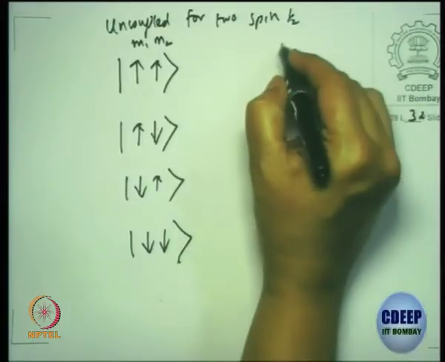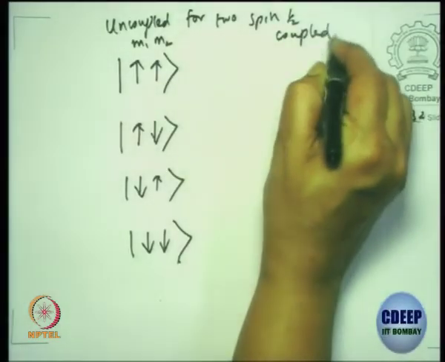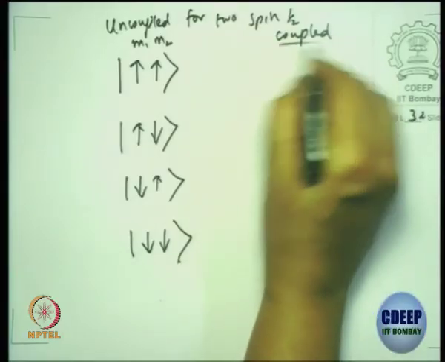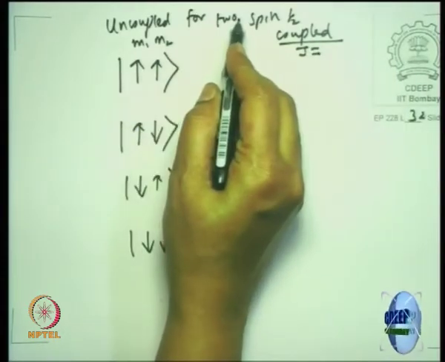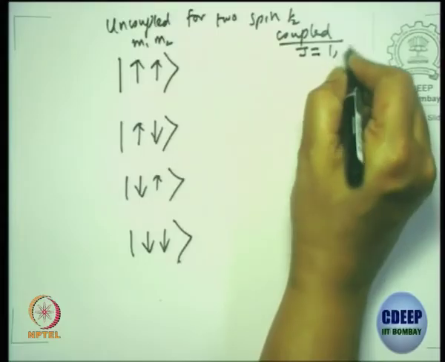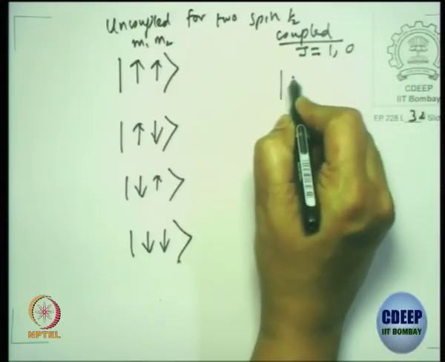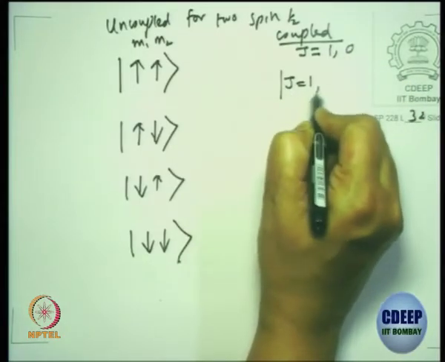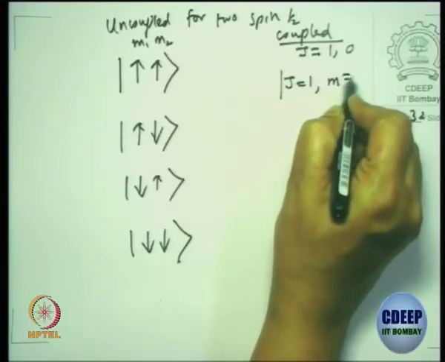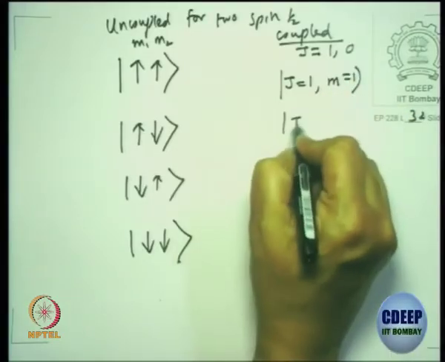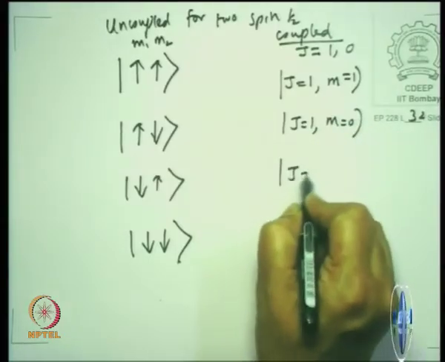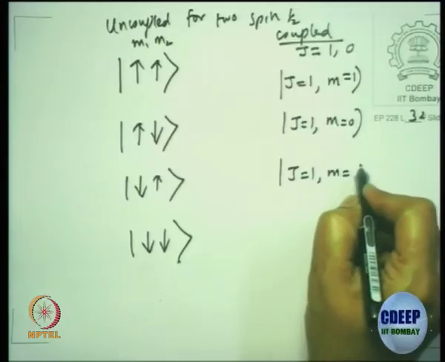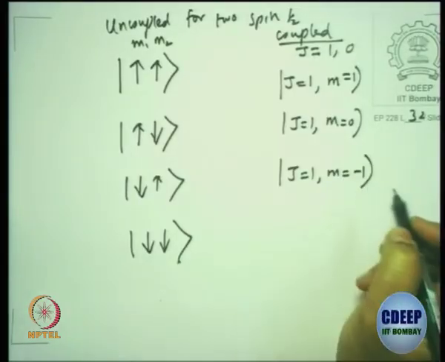What about coupled? Coupled, what are the possibilities of J? It is two spin half, so 1 and 0. So the coupled basis will be J equal to 1 and M equal to 1, J equal to 1, M equal to 0, J equal to 1, M equal to minus 1.